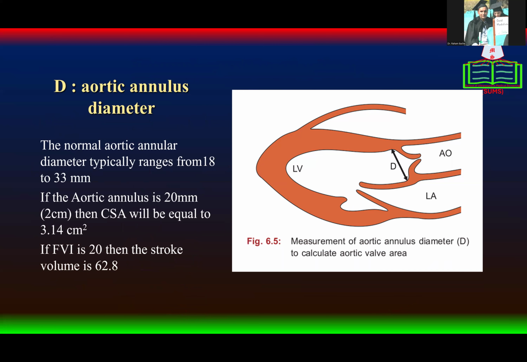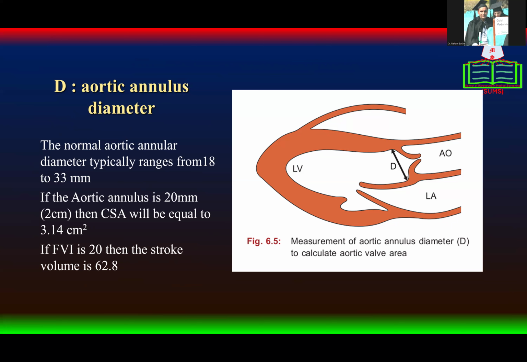If the aortic annulus is 20 millimeter, for example 2 centimeter, then the CSA will be equal to 2 squared multiplied by 0.785, and we get a cross-sectional area of the aorta of 3.14.